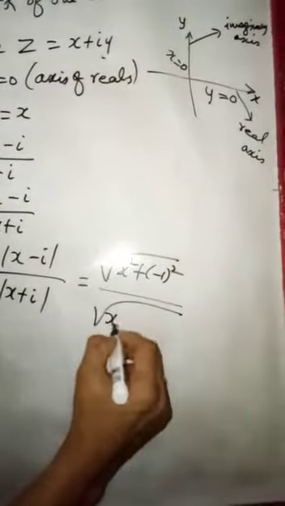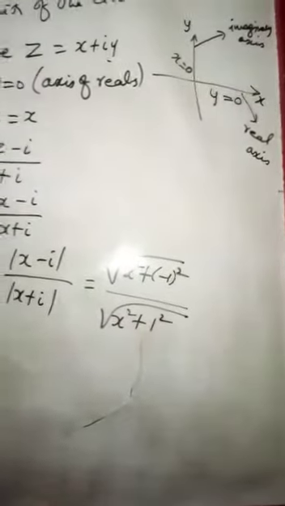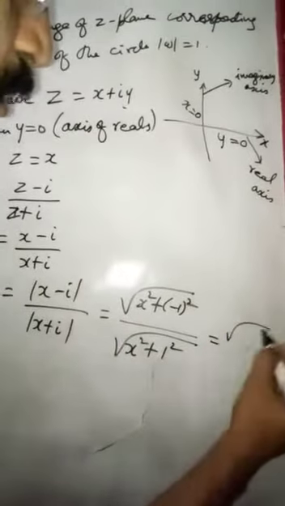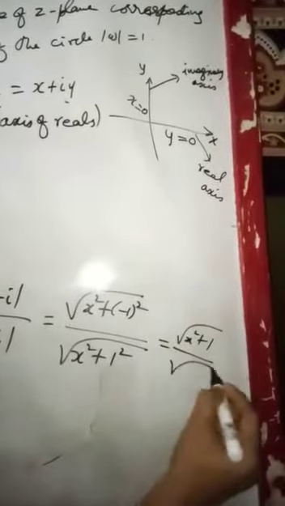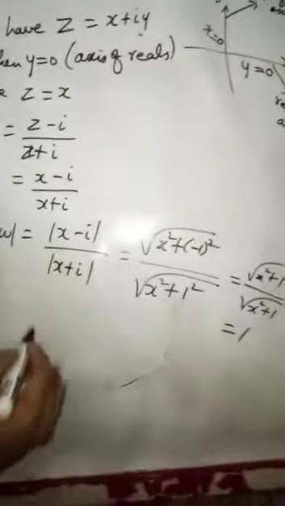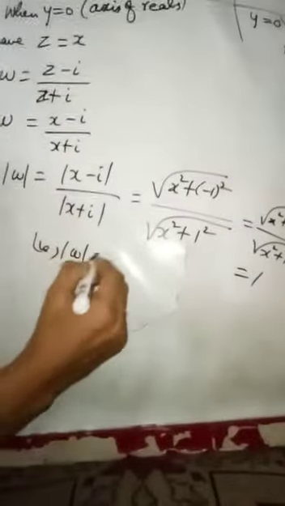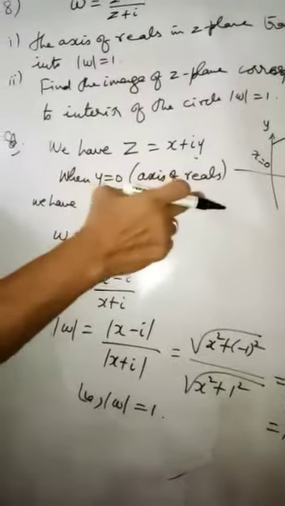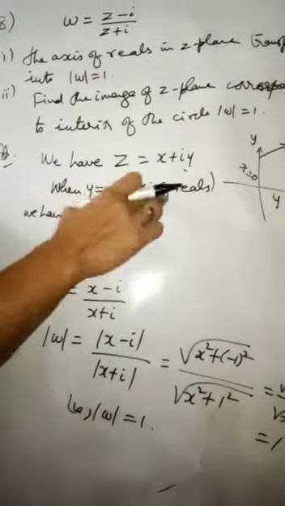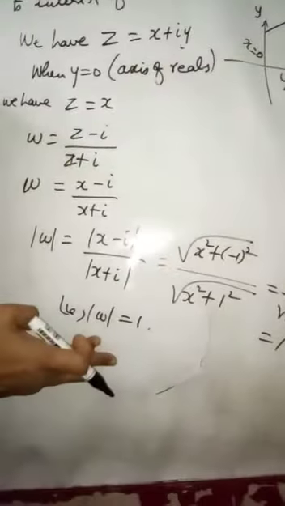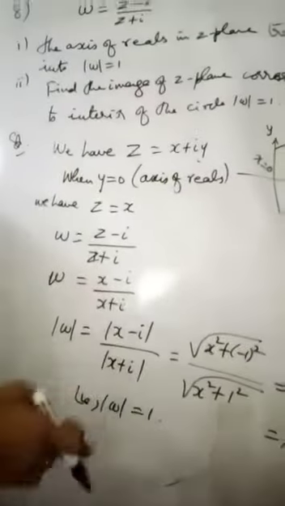Similarly in the denominator, x square plus 1 square. Minus 1 whole square is 1. So x square plus 1 by x square plus 1 get cancelled, which is equal to 1. So we have proved that mod omega equal to 1 when y equal to 0, that is, the axis of reals in the z plane transforms to mod omega equal to 1. So this proves the first part.